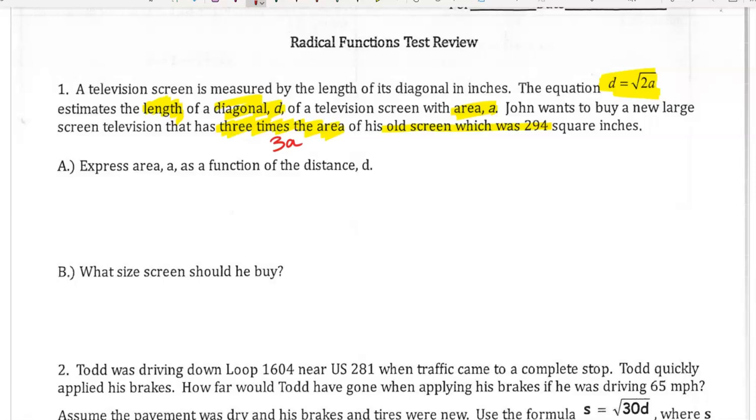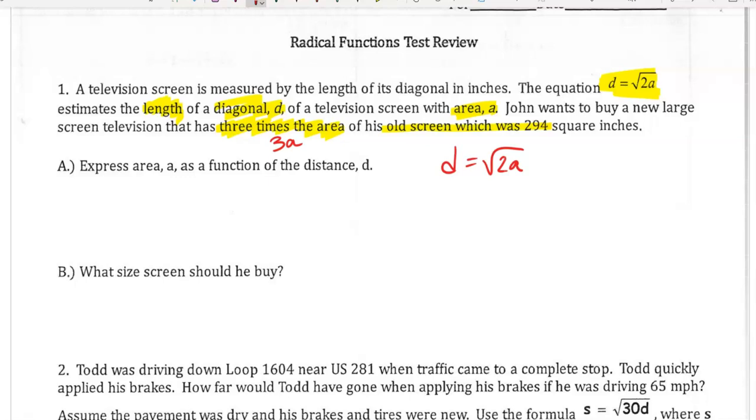So area, I don't have a key for this, so I'm doing this off the top of my head. Okay, the equation d equals the square root of 2a. The old screen was 294 square inches, and the new screen is 3 times the area of his old screen.